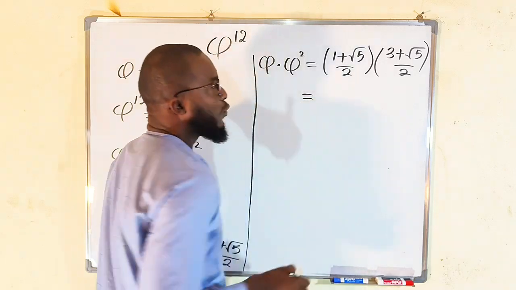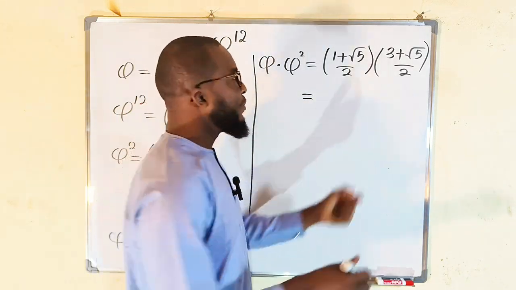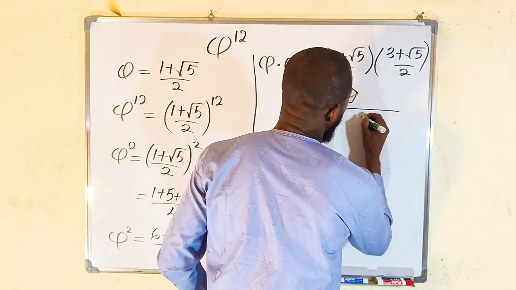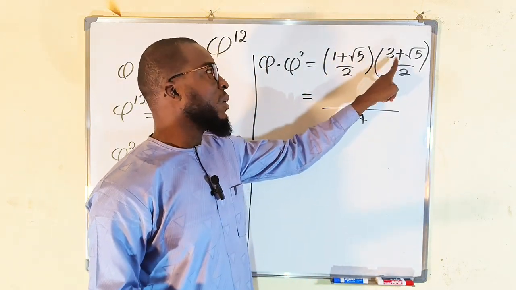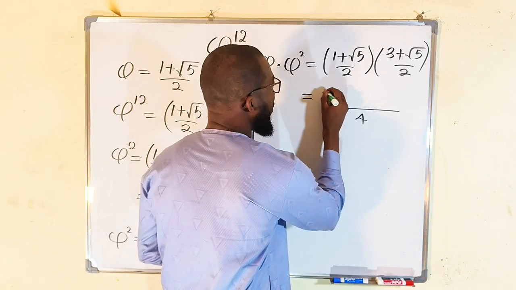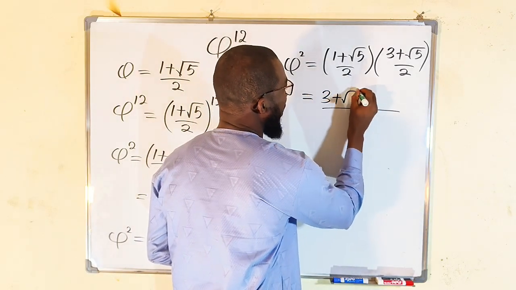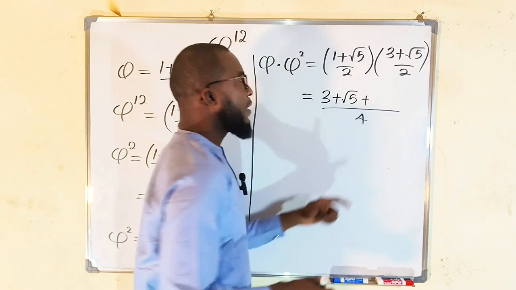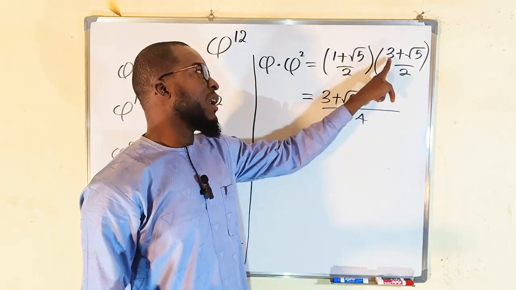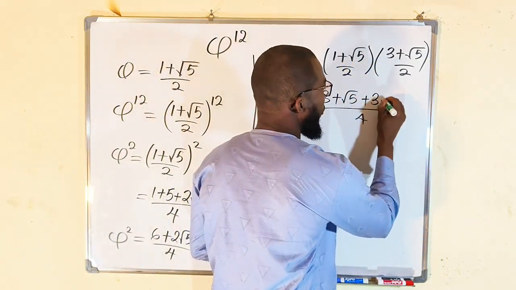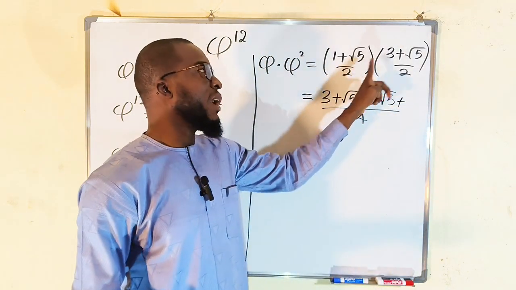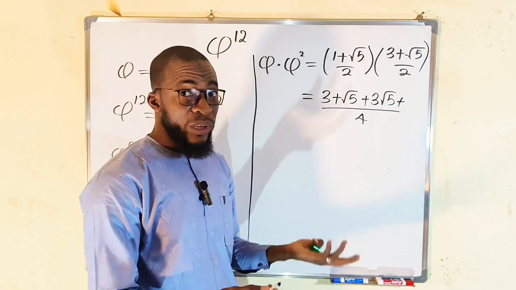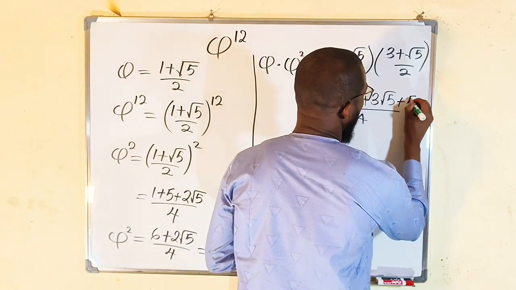So this is equal to, the bottom is just 2 times 2, which is 4. The top, we have 1 times (3 plus root 5) is 3 plus root 5. Then we take the second term, root 5 times 3 is 3 root 5. Then the last one, root 5 times root 5 is root 25, which is 5.